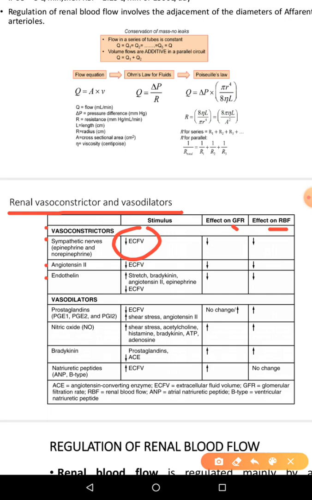The factors stimulating secretion of endothelin are increased stretch, bradykinin, angiotensin II, epinephrine, okay, and also a reduction in the extracellular fluid volume. What effects? There will be decrease in glomerular filtration rate, there will be decrease in renal blood flow.